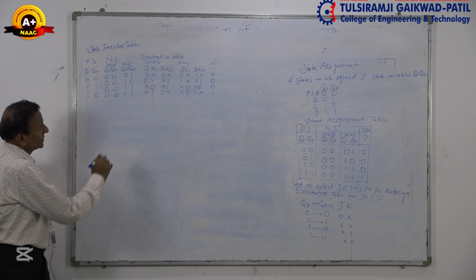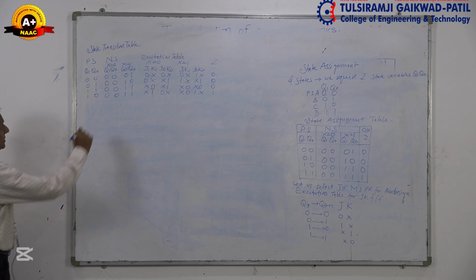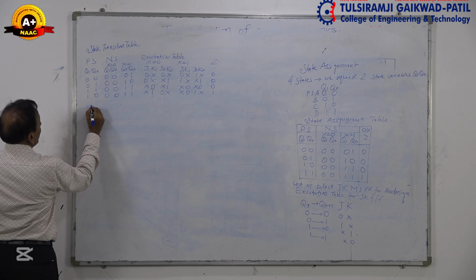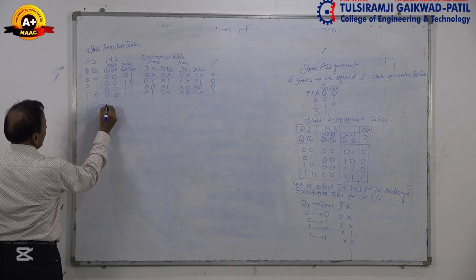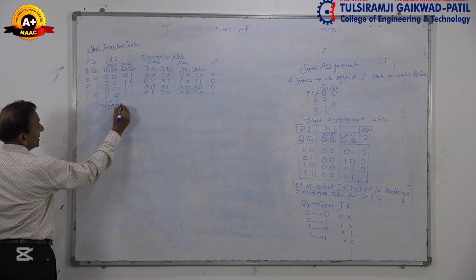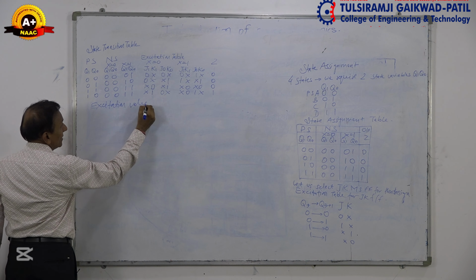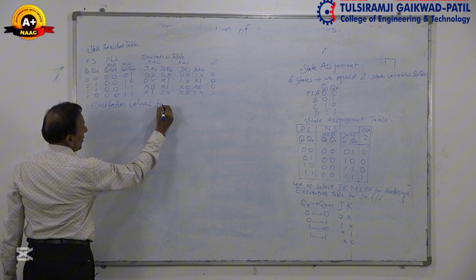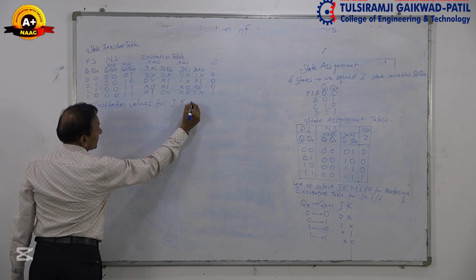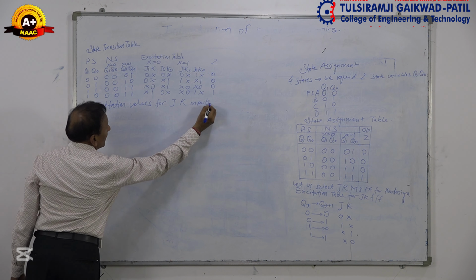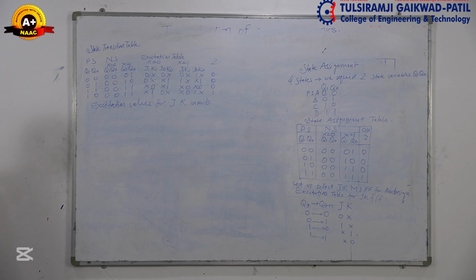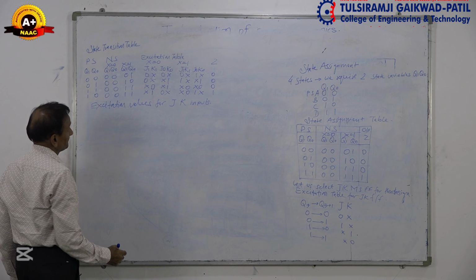Okay. So we will find excitation values for JK inputs. Let us first find the equation for J1 K1.